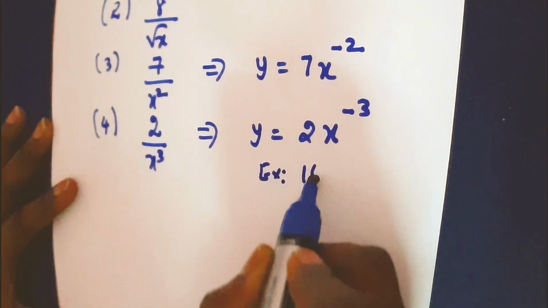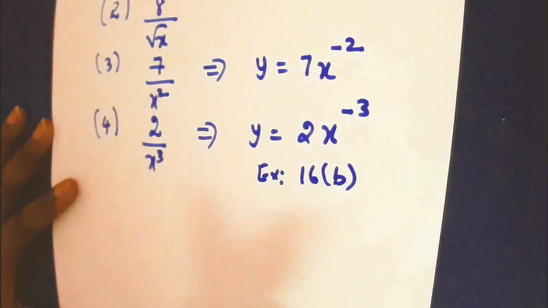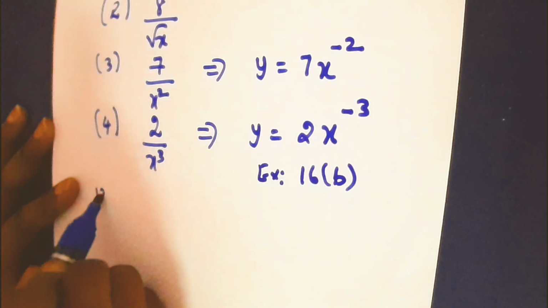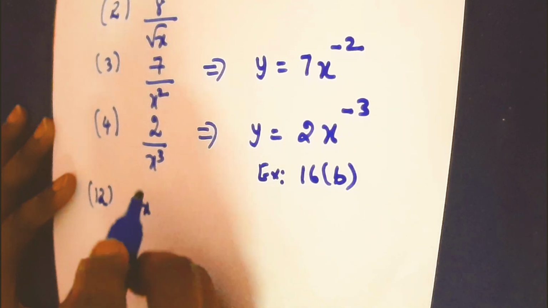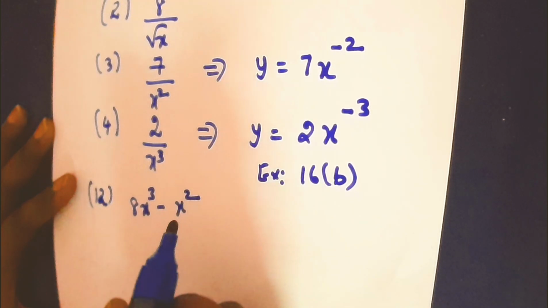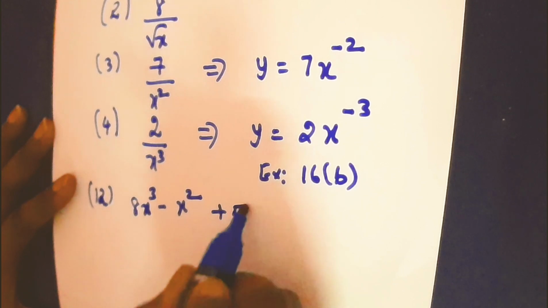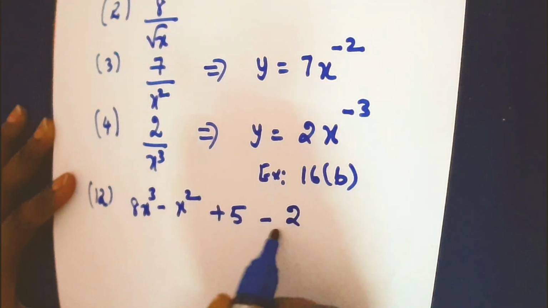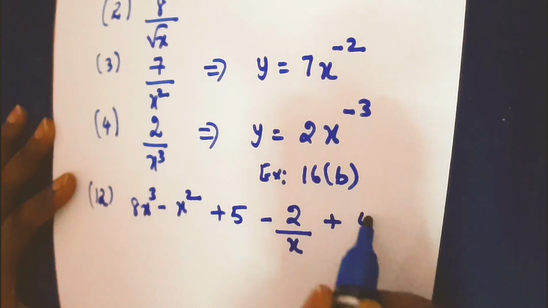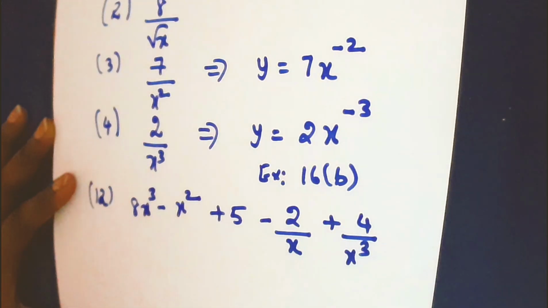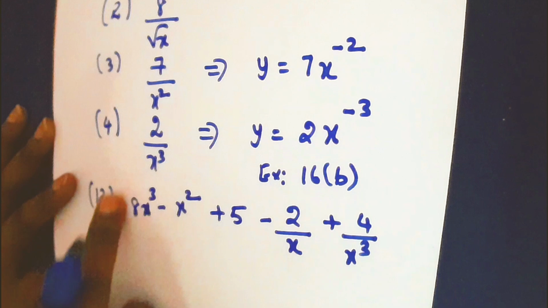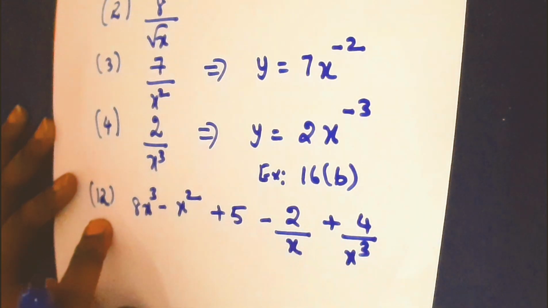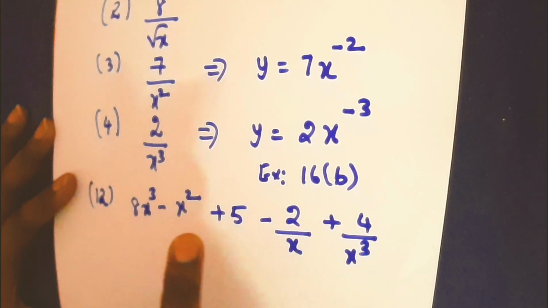Okay. And in your textbook, that is exercise 16b, okay, if you see a problem number 12, you have 8x cube minus x square plus 5 minus 2 by x plus 4 by x cube. Okay, so here you have minus plus like that, which means you have to differentiate each and every term. Assign this value to be y. Okay, apply the power rule for this.